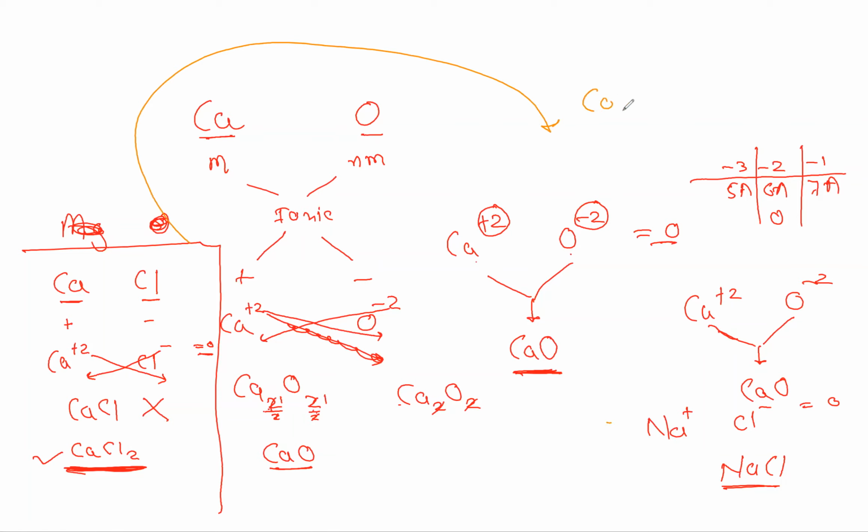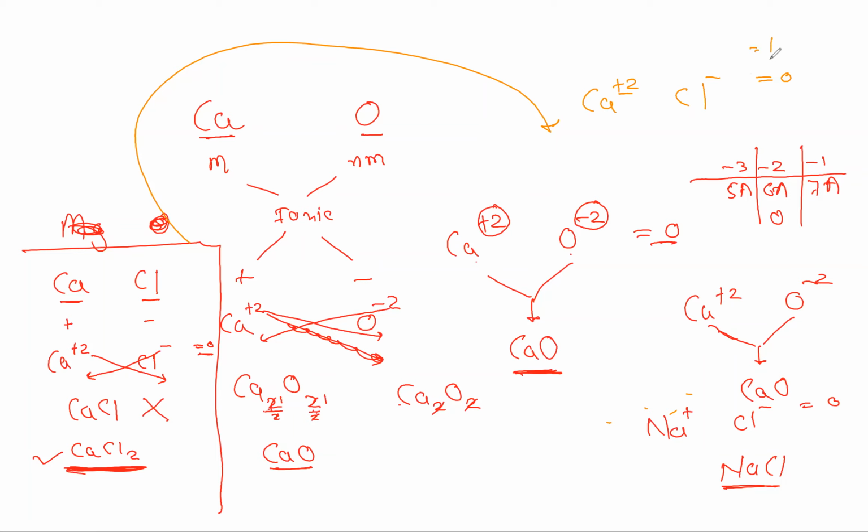So CaCl. How does it work? Ca plus 2 and Cl minus 1. If the total of this charge is not 0, you cannot write a chemical formula. Whatever chemical formula you write in which the total is not 0 is incorrect. Here it is plus 2 minus 1, so the total is 1 right now, right?